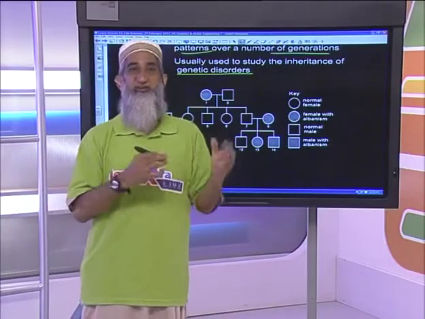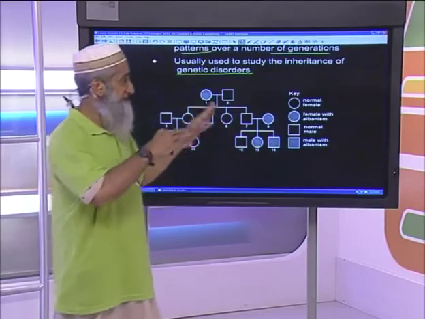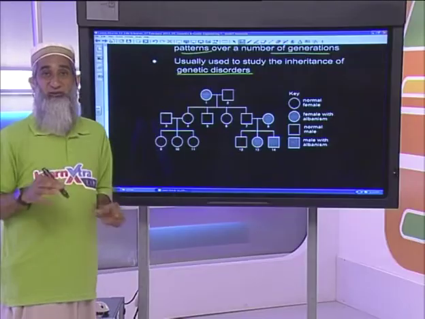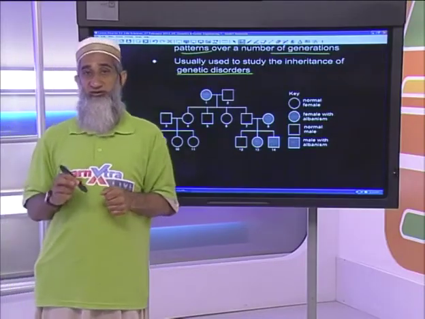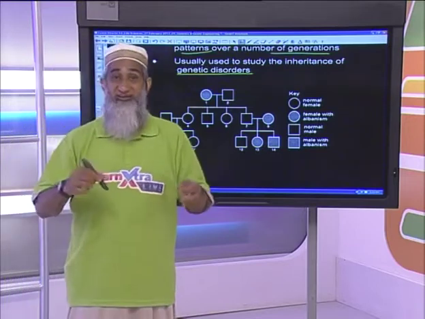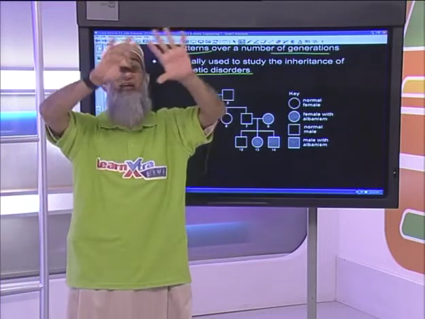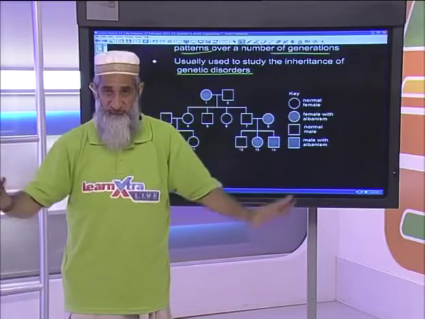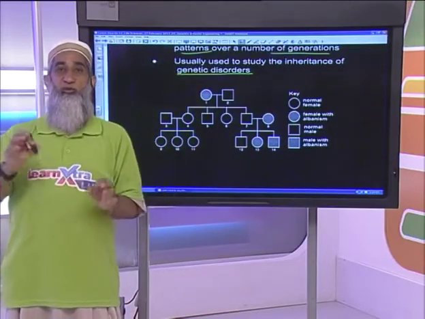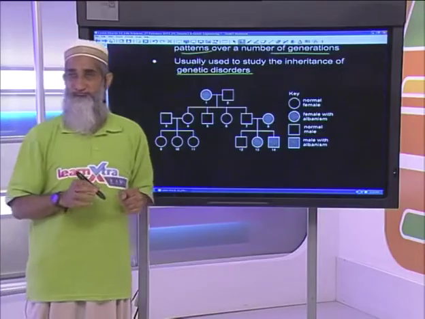So they see a genetic counselor, and he then maps out a pedigree diagram like this and says, look, these are the scenarios that can happen. He cannot tell them, hey, listen, Indy, Aslam, you can't get married because your children may be hemophiliac. All he does is he tells you, look, this is the situation. This is what can happen. After that, Indy and Aslam must decide whether they're going to get married or not.